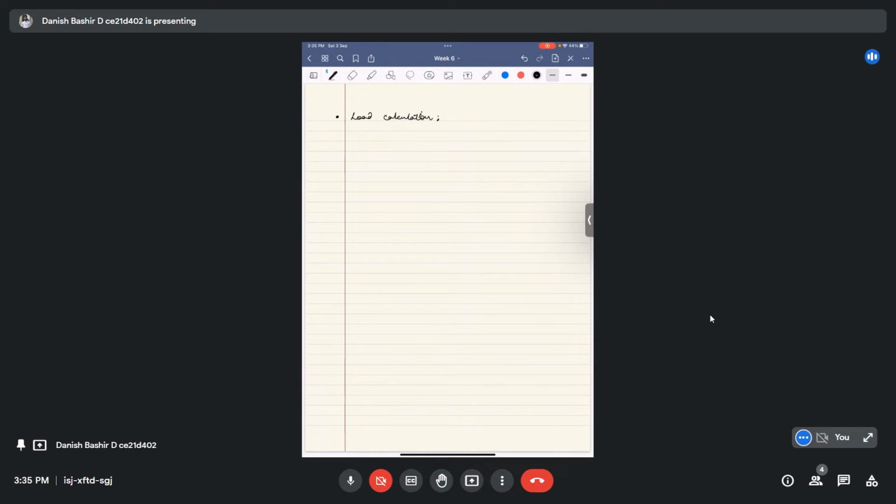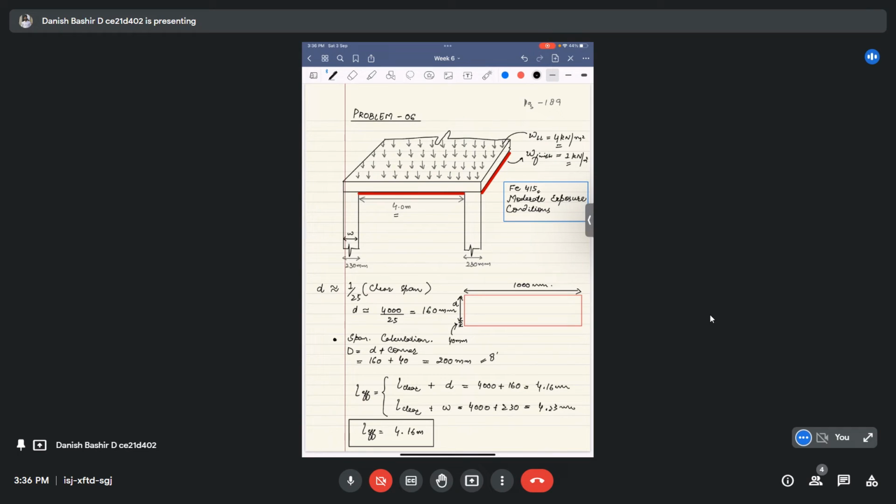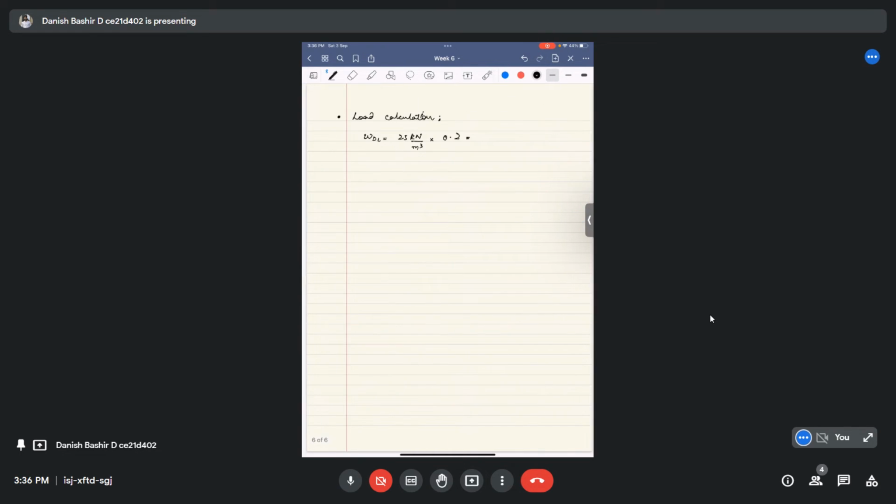The self-weight, which is dead load, will be 25 kN per meter cube, the density of concrete, multiplied by 0.2, because 200 mm is 0.2 m per meter, giving 5.0 kN per meter square.